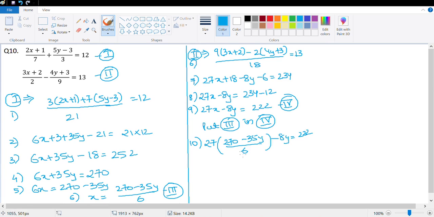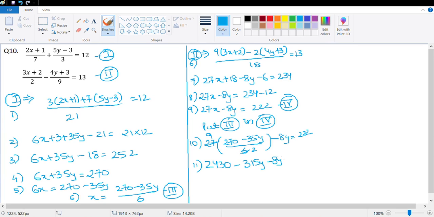So this is 3 into 2, 3 into 9. So that's 9 into 270. So 27 into 9, 180 and 63, that's 243. So 2430 minus 35 into 9, that's 270 and 45, so 315y.